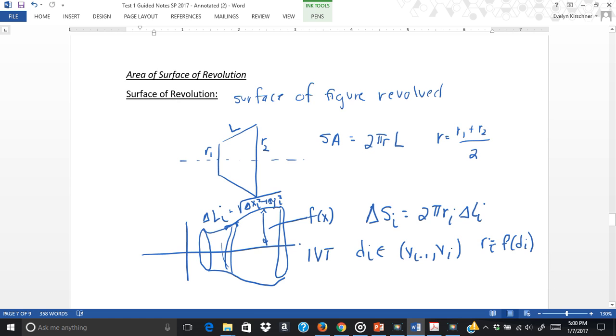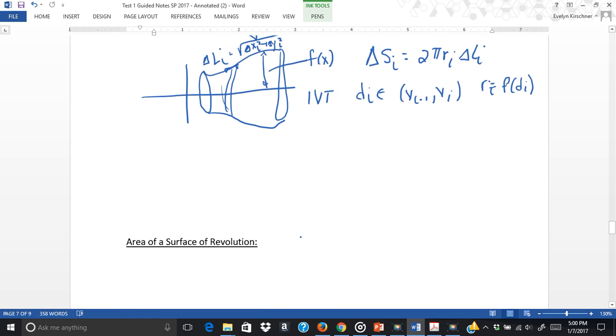We're also going to use the mean value theorem like before, as we did in the arc length, which is going to tell us that our delta Si is 2 pi times r times my L, which was the arc length. So we're going to have that.